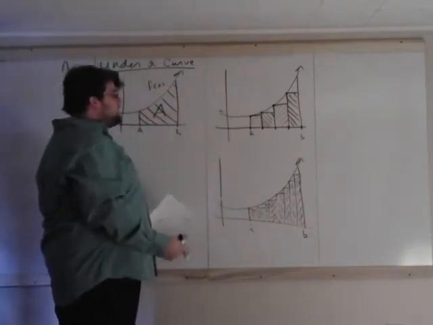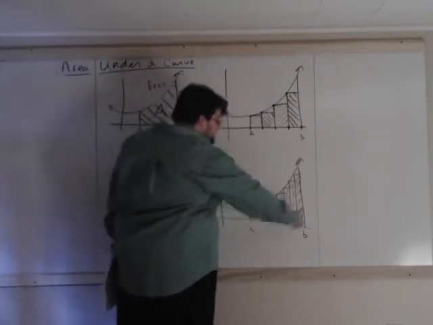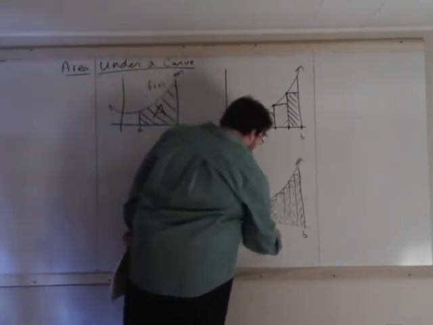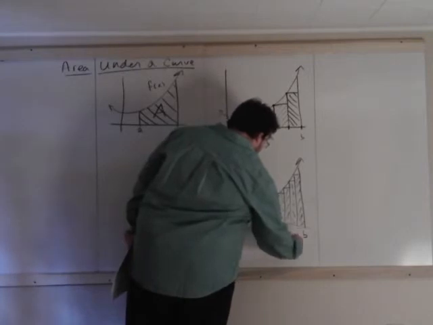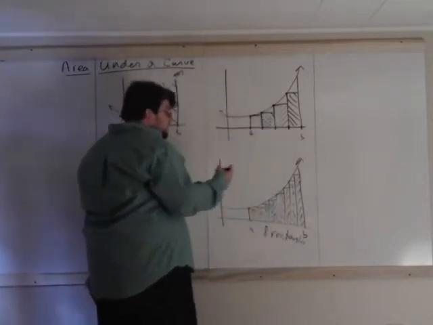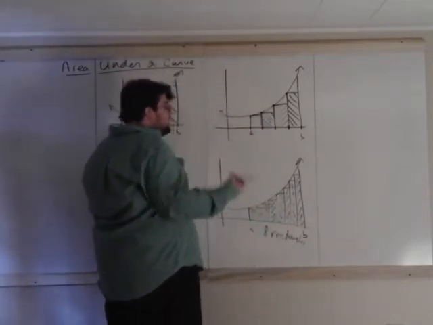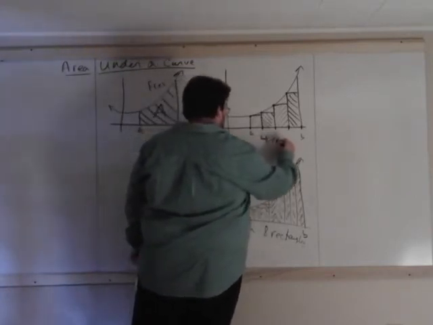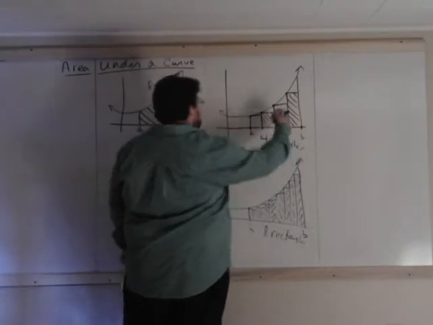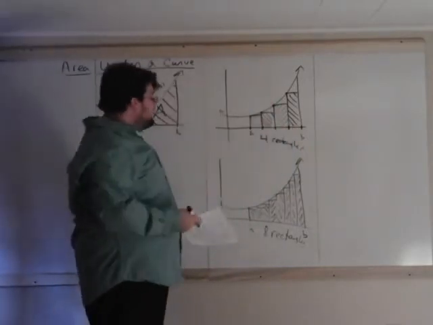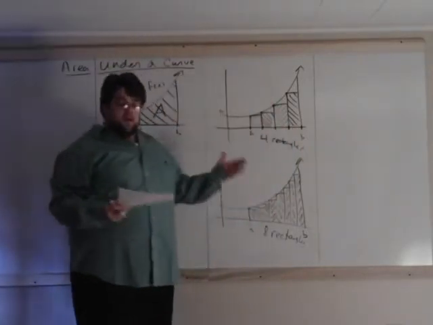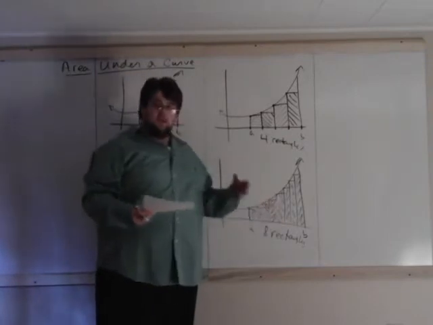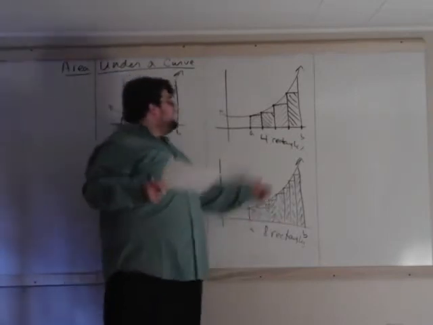But a large result in math is that with this larger division, these 8 wedges add to less area than these 4 wedges.